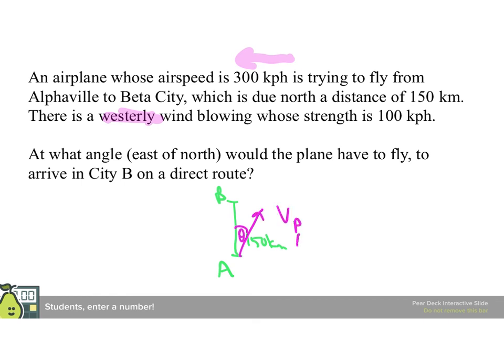We can call that the plane relative to the air. And we're told that the air relative to the ground is 100, and it's moving westerly. And then of course there would be the velocity of the plane relative to the ground.